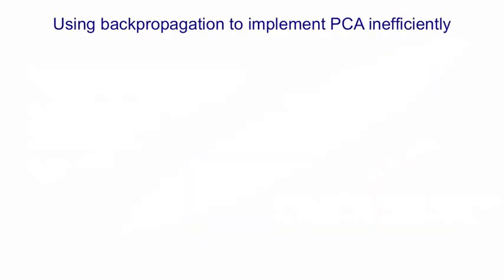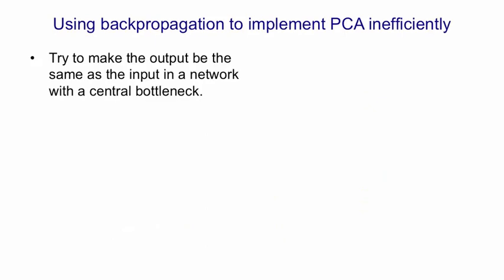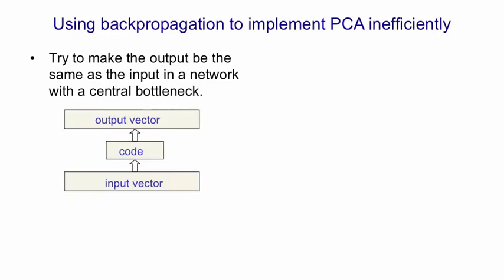Now we can actually implement PCA, or a version of it, using backpropagation, but it's not very efficient. So what we do is we make a network in which the output of the network is the reconstruction of the data, and we try and minimize the squared error in the reconstruction. The network has a central bottleneck that only has m hidden units, and those are going to correspond to the principal components, or something like them.